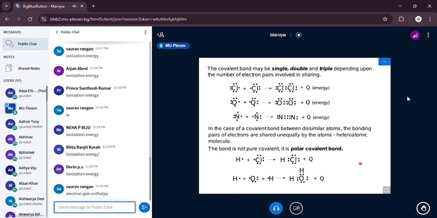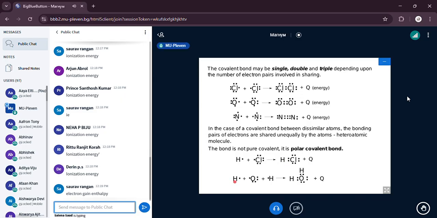Example of polar bonding. Hydrogen and chlorine. The electronegativity of chlorine is greater, and this is a polar bond. The electron density of this shared electron pair is closer to the more electronegative chlorine atom.